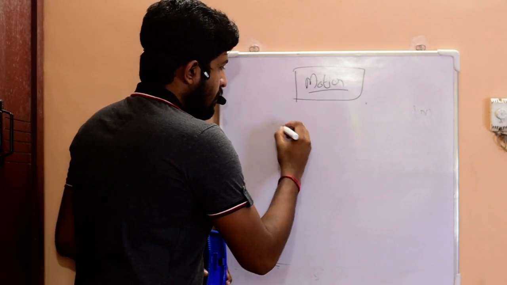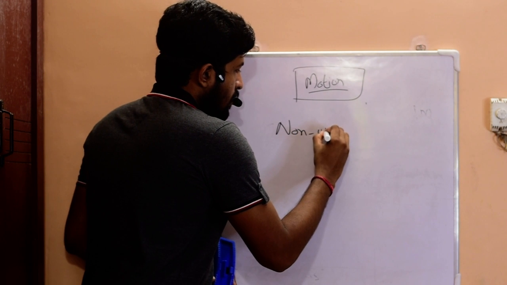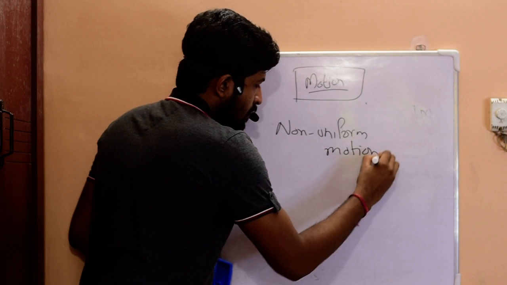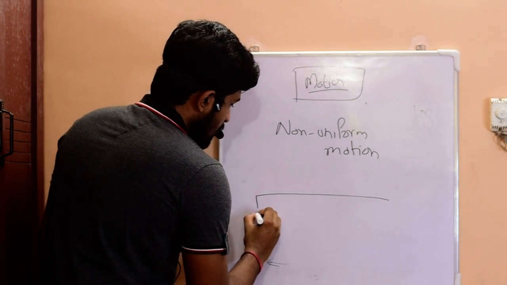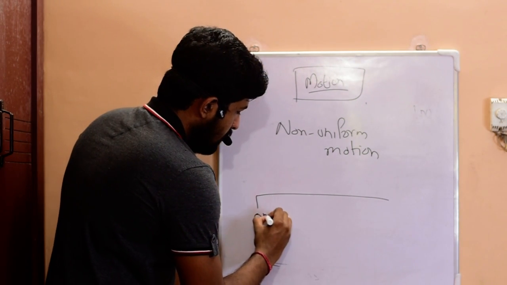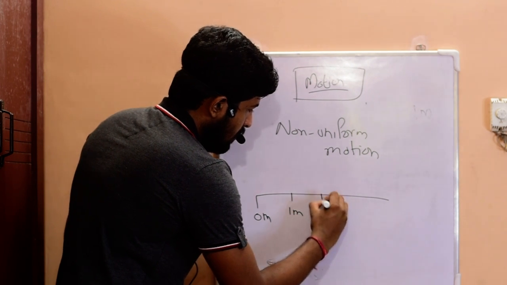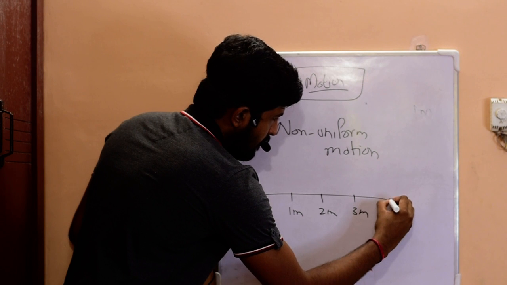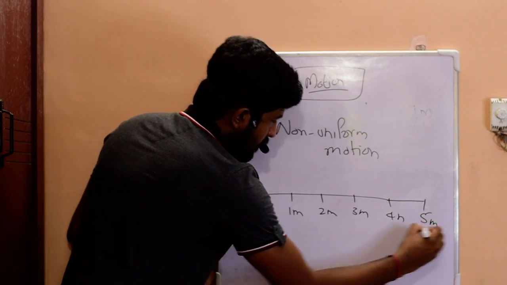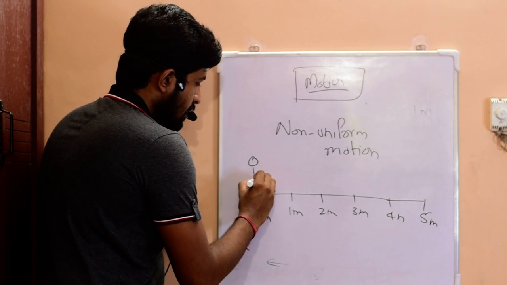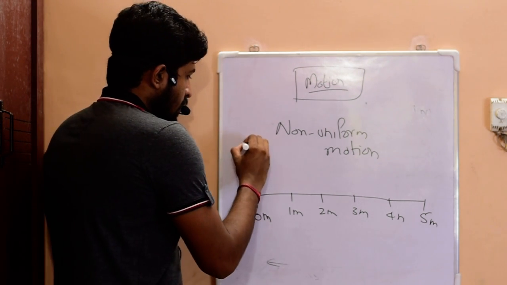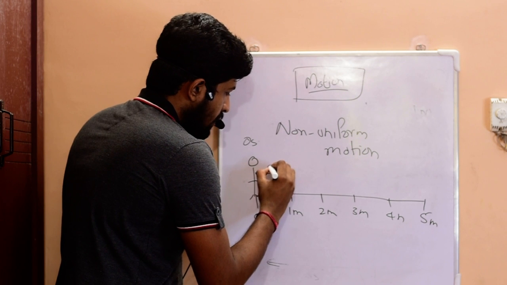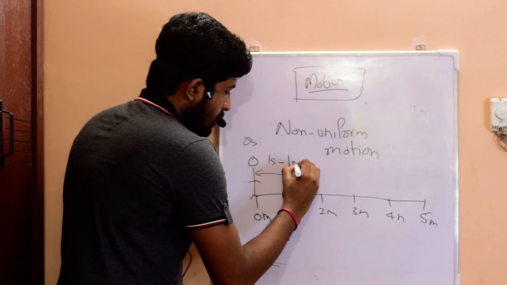Okay. So next we discuss the non-uniform motion. Again we take the scale 0 meter, 1 meter, 2 meter, 3 meter, and then 4 meter, then 5 meter. Suppose the boy is standing here, and here is 0 seconds. For the 1 second he travelled 1 meter.